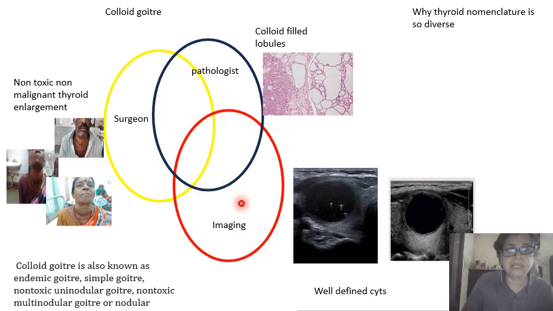So you see how they are on different pages. At some point only will they all come together. That is why thyroid nomenclature is so diverse. Fine. So you see colloid goiter is also known as endemic goiter, simple goiter, non-toxic, multinodular, uninodular. The list is endless.